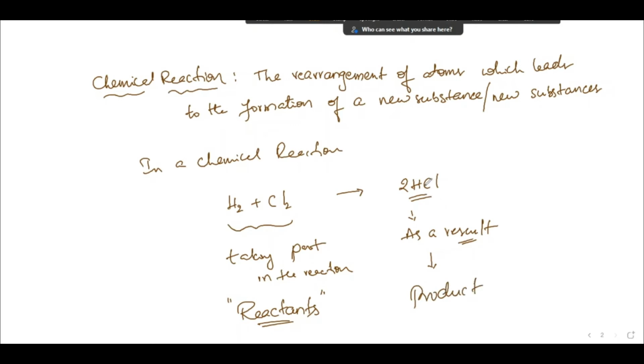In this case you got only one substance, so only one product is there. Sometimes you will get more than one substance as a result. For example, if you take a reaction like this, HCl plus NaOH gives NaCl, that is sodium chloride, plus water.